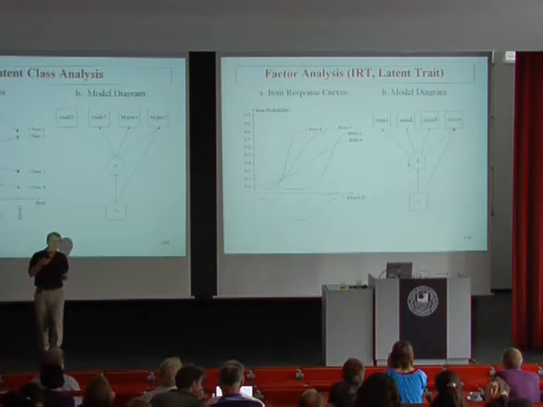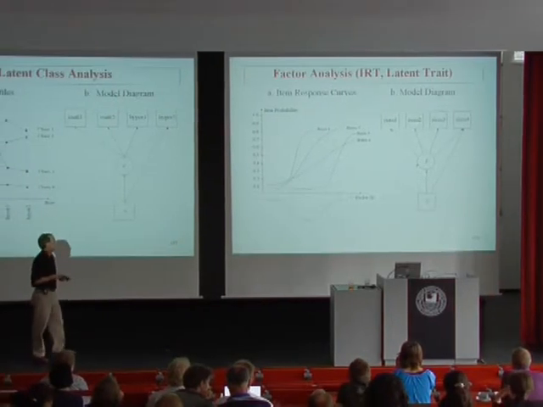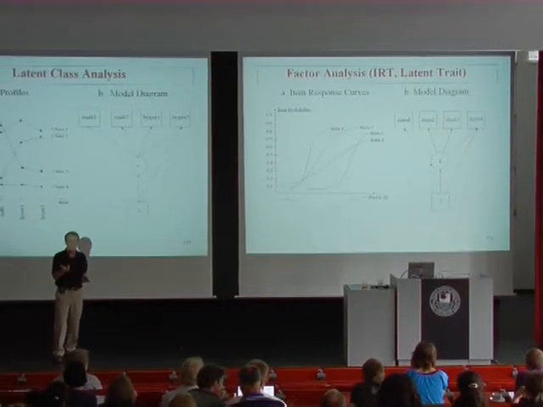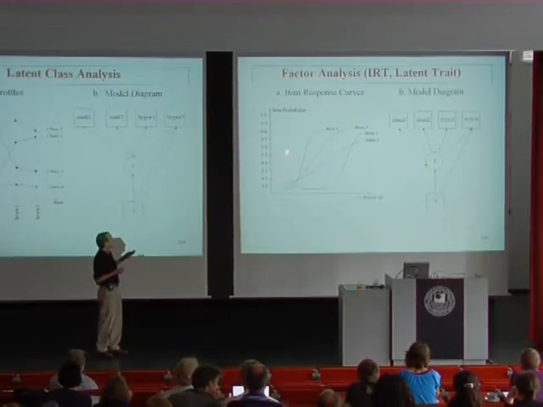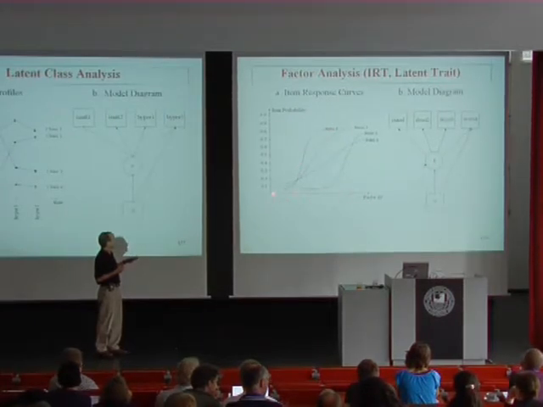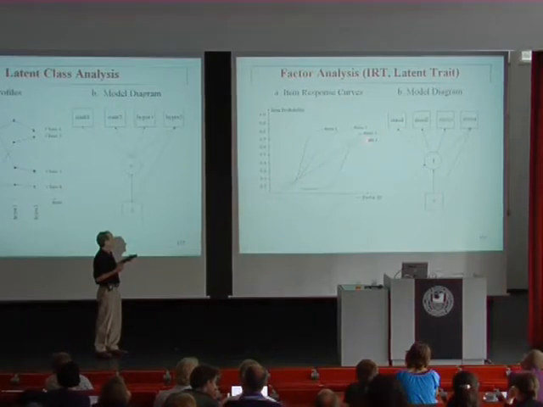So now you go back to the first slides that we went through and think of logistic regression here. This is logistic regression. That is, the probability that the item gets endorsed is a function of the factor. As the factor increases, the probability of endorsing, say, item 4 increases.